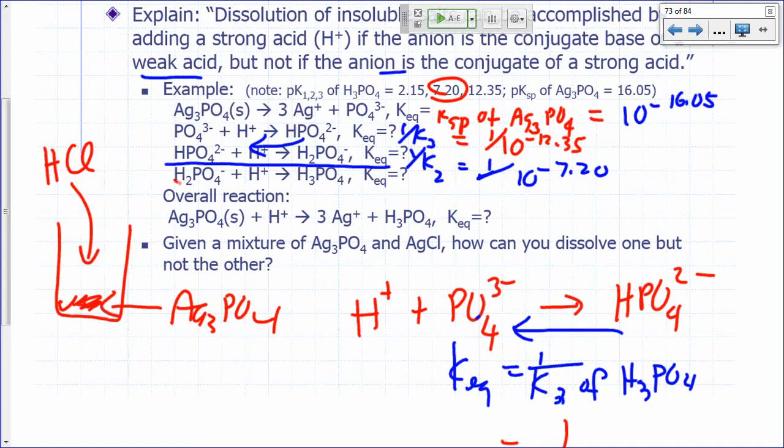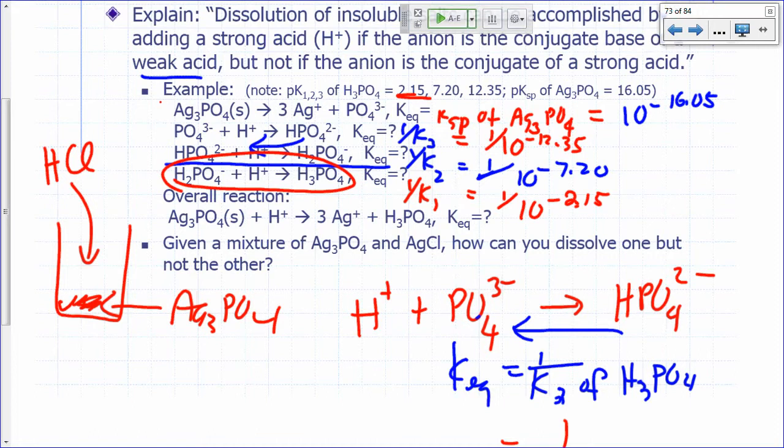And then finally, this H2PO4 minus can further react with H plus. We're assuming you're going to add enough acid here, so H plus and H2PO4 minus will give you phosphoric acid. The KEQ for this is 1 over K1, so that's 1 over 10 to the negative 2.15. You can look up 2.15 as the pK1 for phosphoric acid.